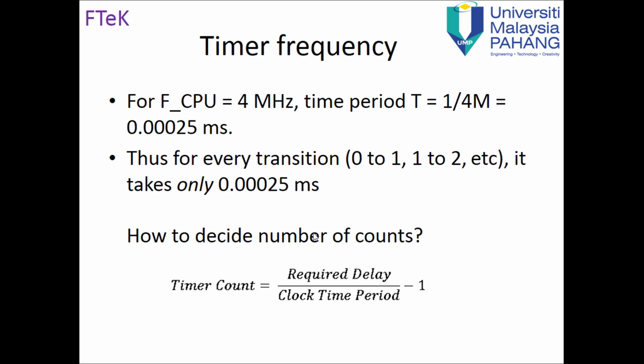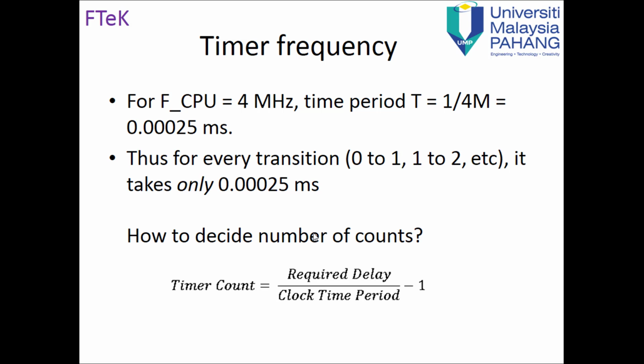So for every transition, from 0 to 1, from 1 to 2, of course it will be in digital, each step will take 0.00025 milliseconds. Now if you want to make a delay using the timer, you need to count how many steps you need to wait until you finish your delay.